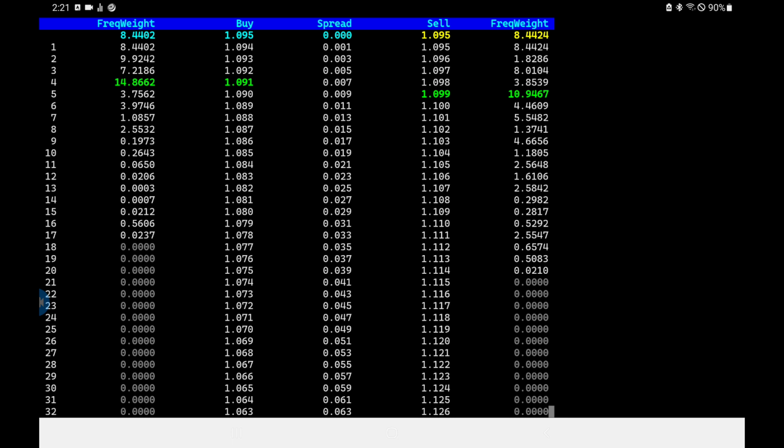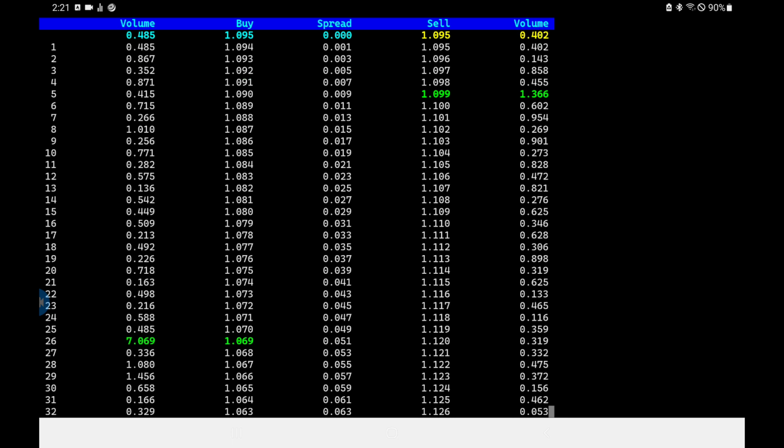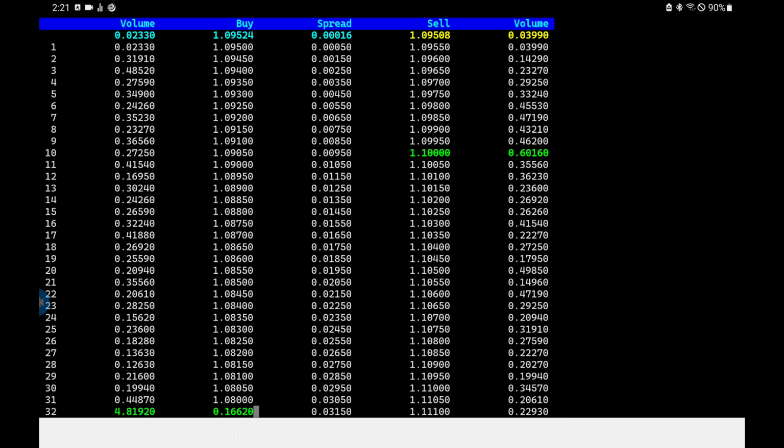So let's go back to the volume, and then I'm going to go to 5 digits. We'll actually see the order book fluctuate much more aggressively. And we see now at 5 digits, slightly different numbers. Why?